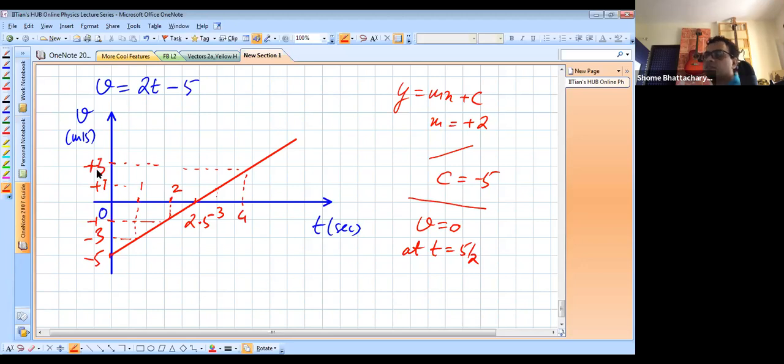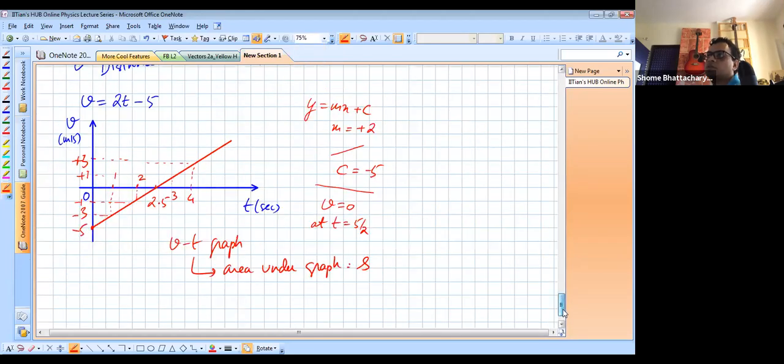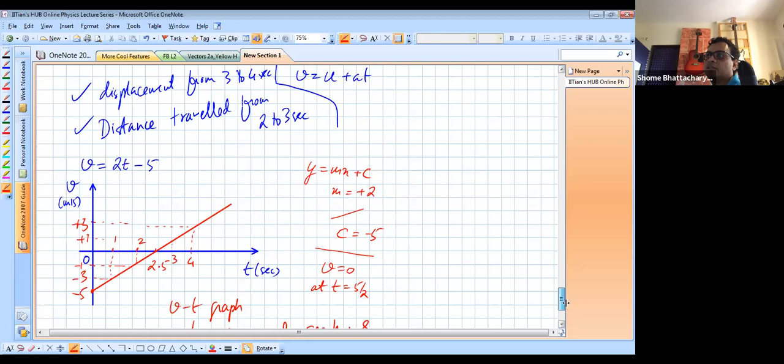So now this graph is giving us very useful information, because what is the use of the velocity time graph? The area under the graph gives us what? It gives us displacement. So let us use this fact now. Let us use the fact that the area under the graph is going to give us displacement to calculate what I've asked you. One is recalculate what we have done in the first part, that is displacement from 3 to 4 seconds. But second is a more tricky thing. Find the distance traveled by the particle from 2 to 3 seconds.